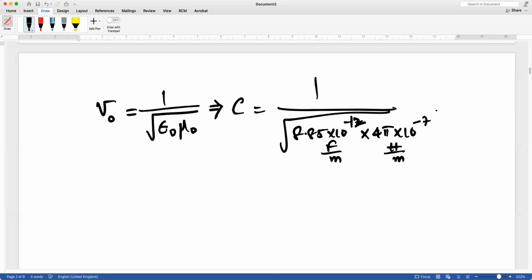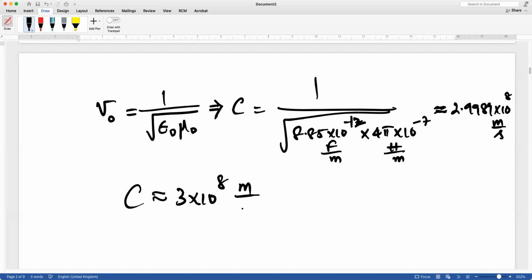Everything will simplify approximately to 2.9989 into 10 to the power of 8 meter per second. We approximate that C is approximately 3 into 10 to the power of 8 meter per second.